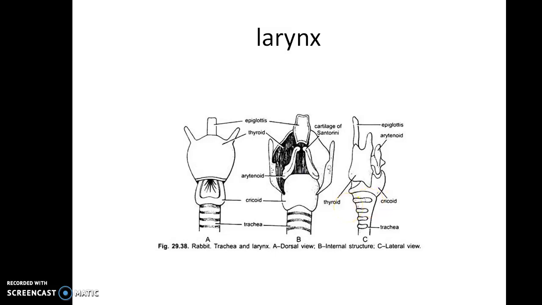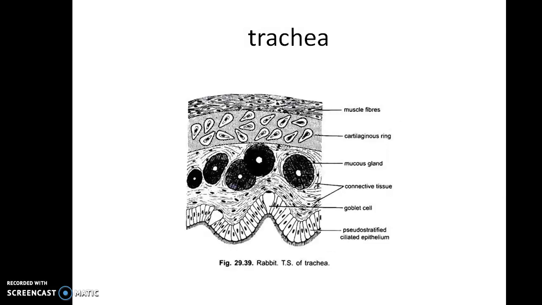The trachea is lined internally by ciliated epithelium. The connective tissue layer of the trachea consists of mucus glands whose secretion helps in keeping the inner surface of the trachea very moist and slimy and also prevents the bacterial and dust particles from getting into the lungs. Trachea enters into the thoracic cavity and divides into 2 bronchi.